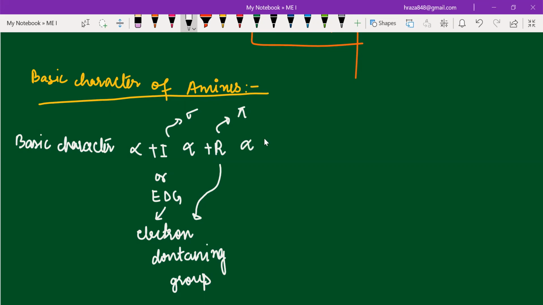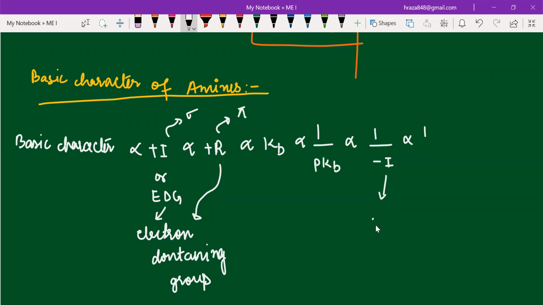And we can also write directly proportional to Kb, which is base dissociation constant, and inversely proportional to pKb. And we can also write inversely proportional to minus I, that means electron withdrawing group.